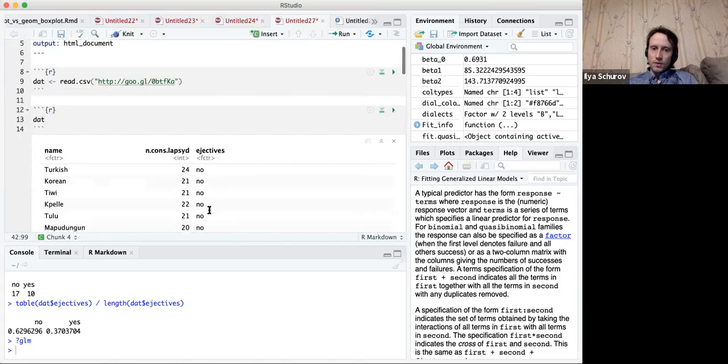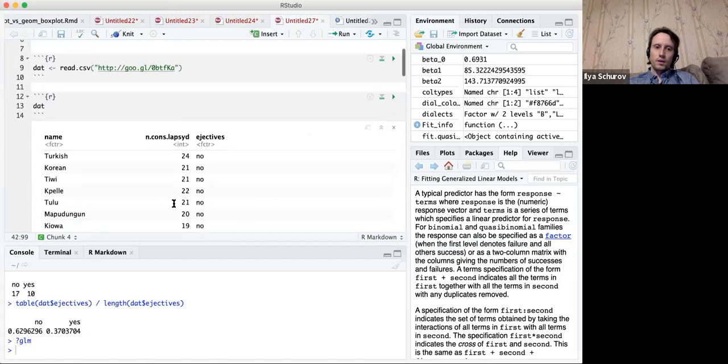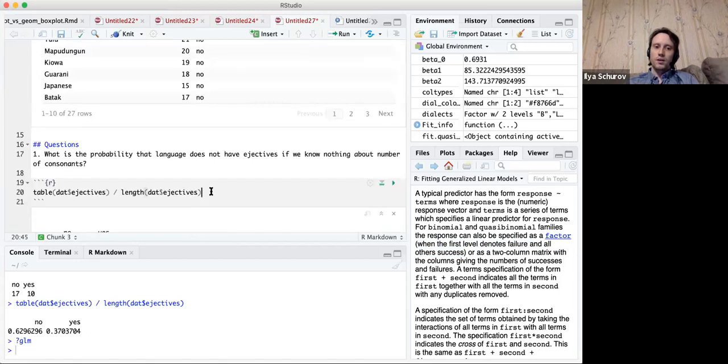According to the documentation, the first level denotes failure, so 0, and all others denote success. So the first value denotes 0, like here, no, and all others, like here, yes, are just 1. I actually believed that it was quite the opposite, but the documentation says something that is in agreement with the behavior that we see.